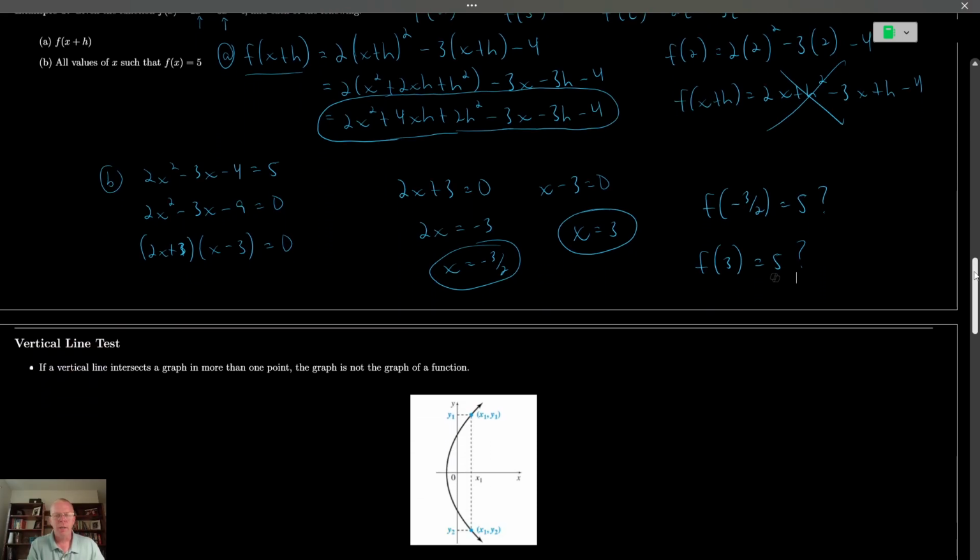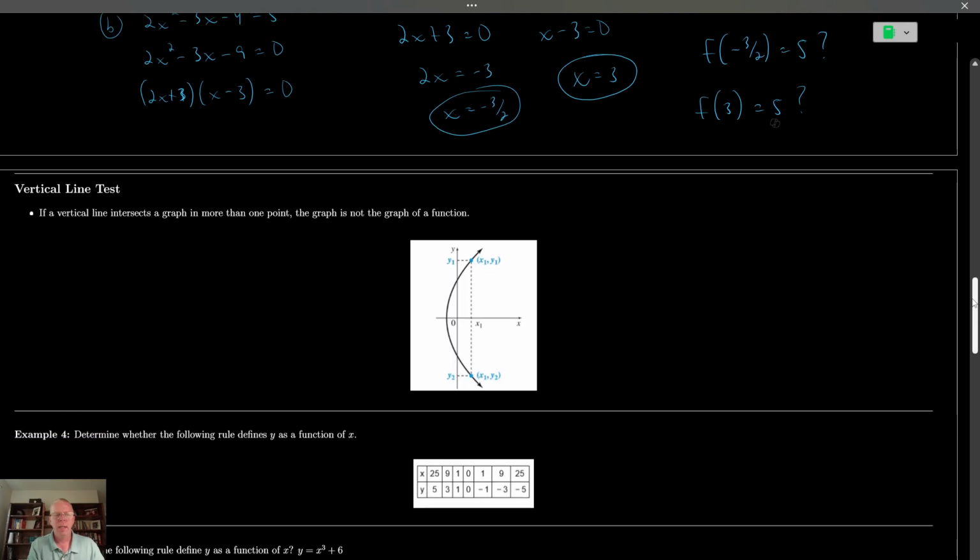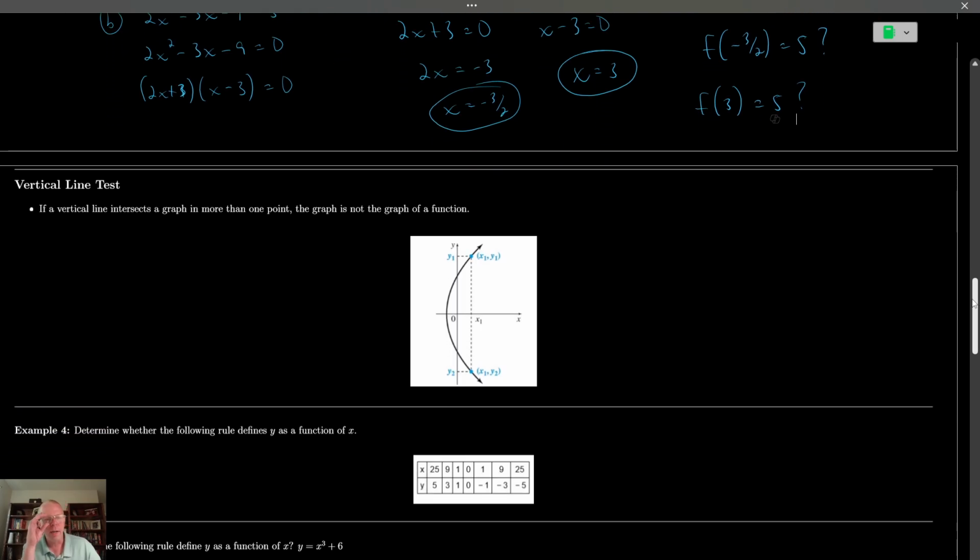All right, the next part, the vertical line test. If a vertical line intersects a graph in more than one point, the graph is not the graph of a function. So why is that? That is because in this case, we have two y coordinates for one x. x1, could be whatever number, x1 maps to y1 and x1 maps to y2.